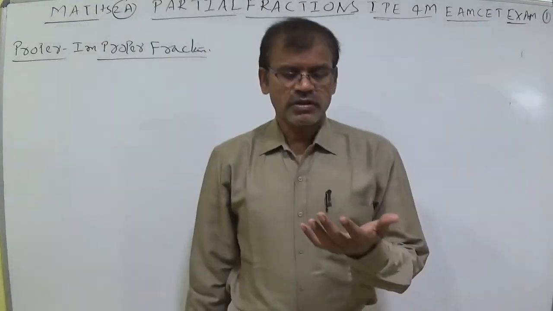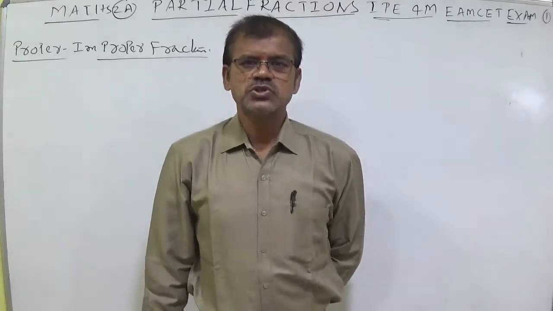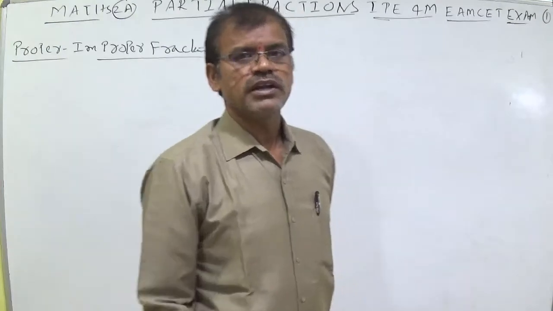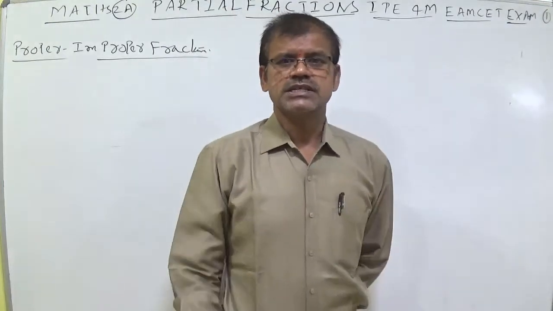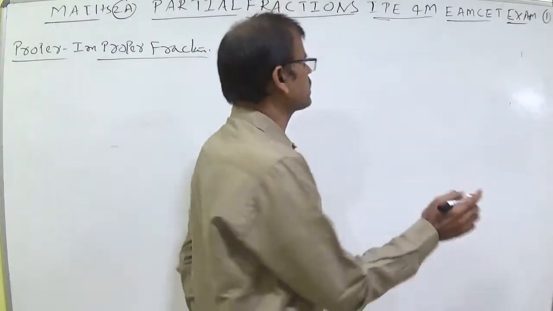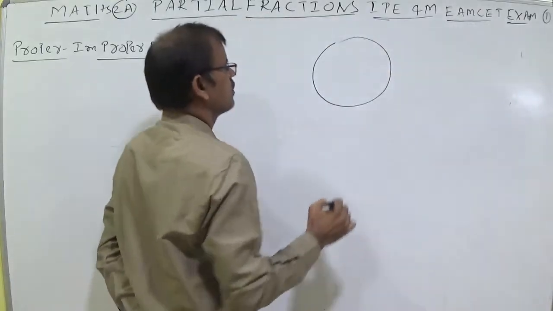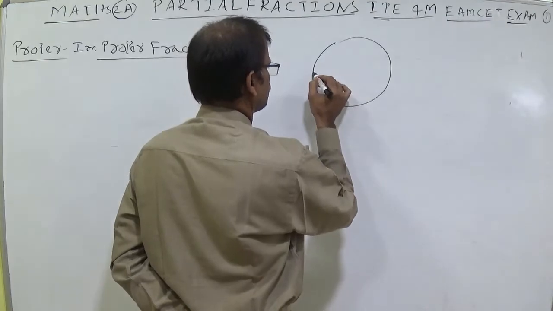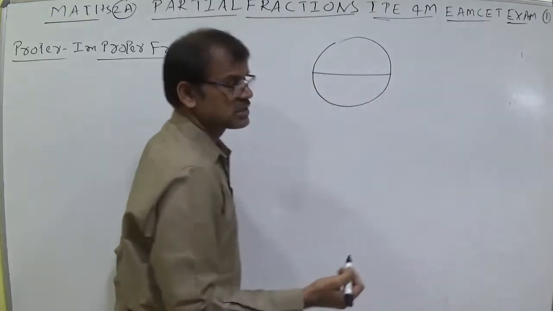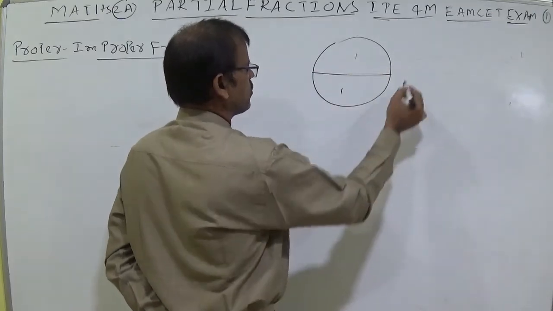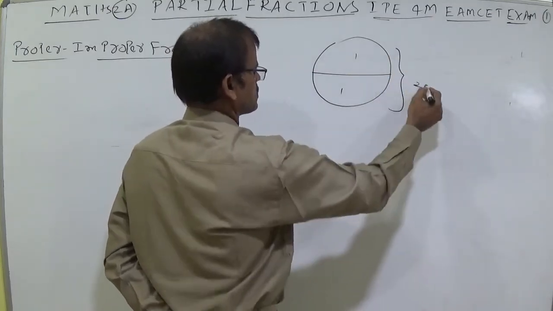Students, this topic of fractions, every student is learning from third class itself. What is meant by a fraction? It is a part. A part is a fraction. Example, this is a circle. If the circle is cut into two parts, this is one part and this is one part, total two parts.